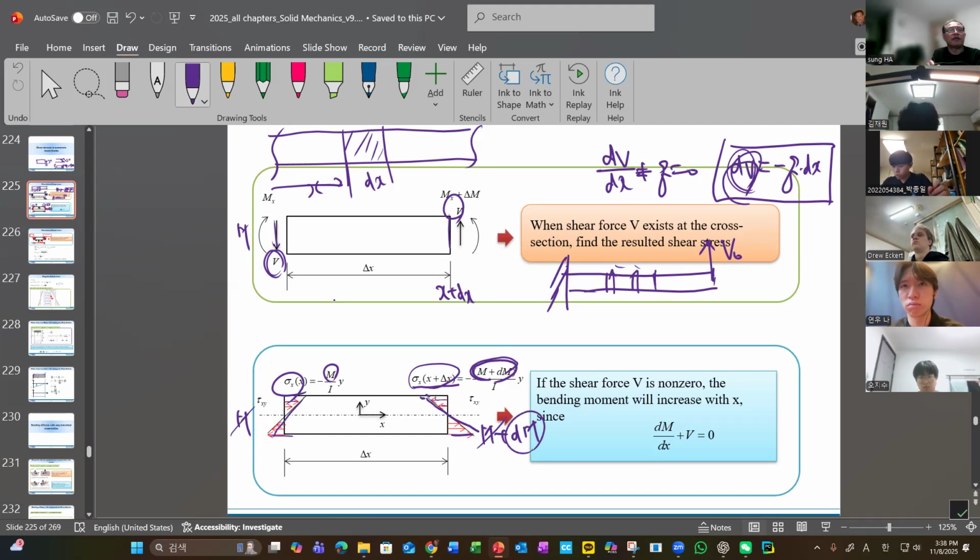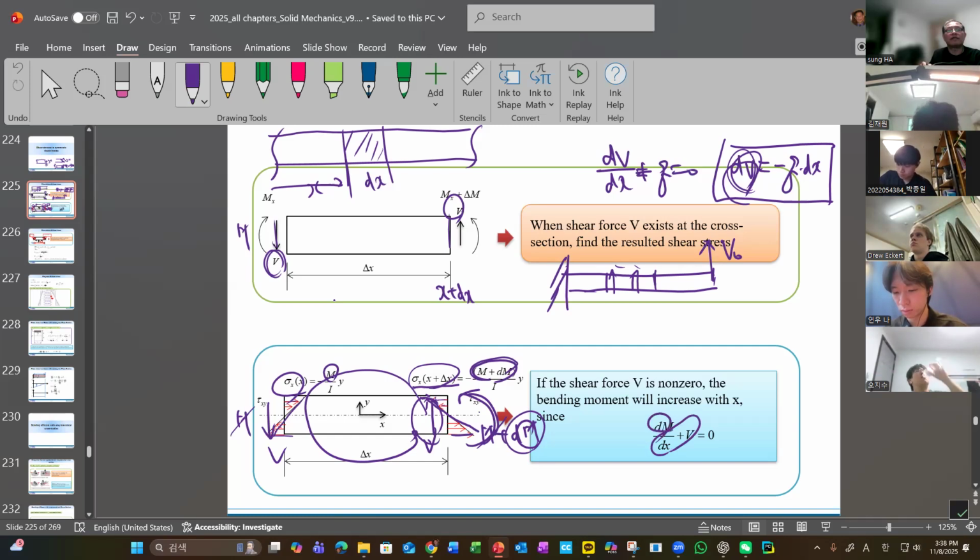This dM is the moment caused by the shear force, this V and this V. This V and this V will make this rotation, and this dM, so V dx will be the same as dM. That's the moment equilibrium. That's just a reminder.